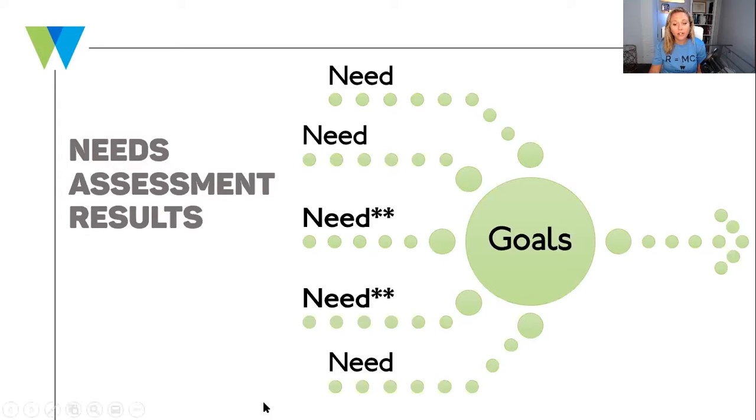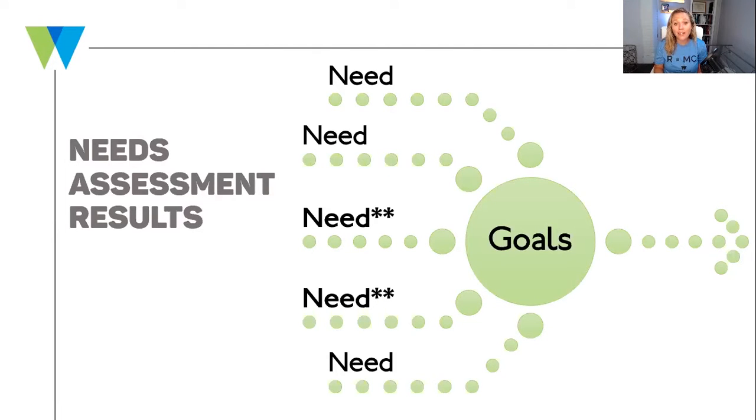What I have on the screen here illustrates that there are a bunch of needs, but only those ones with asterisks are changeable and that we could feasibly change. Those are the ones that we're going to intervene with. And from that comes a set of goals. So it comes directly from your needs. We're not recreating a wheel here.